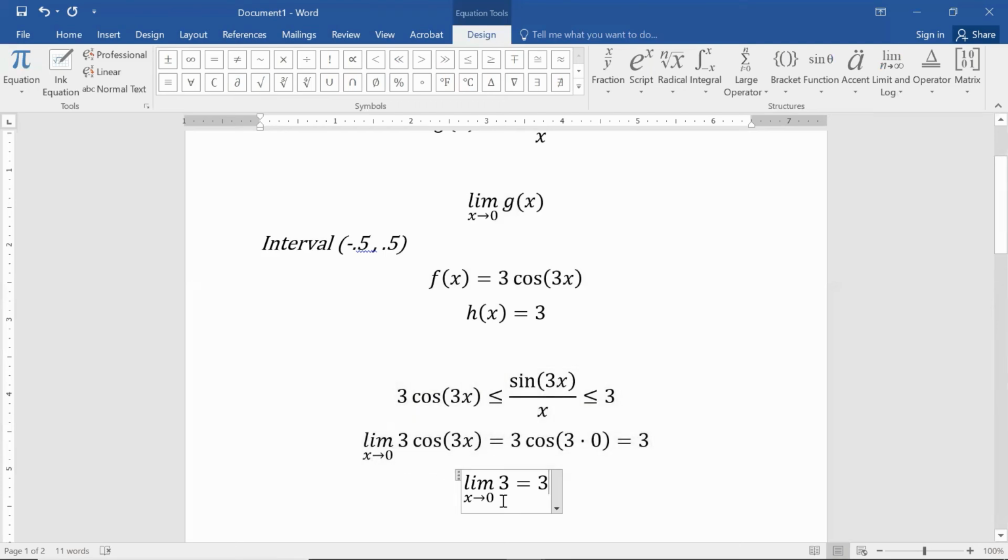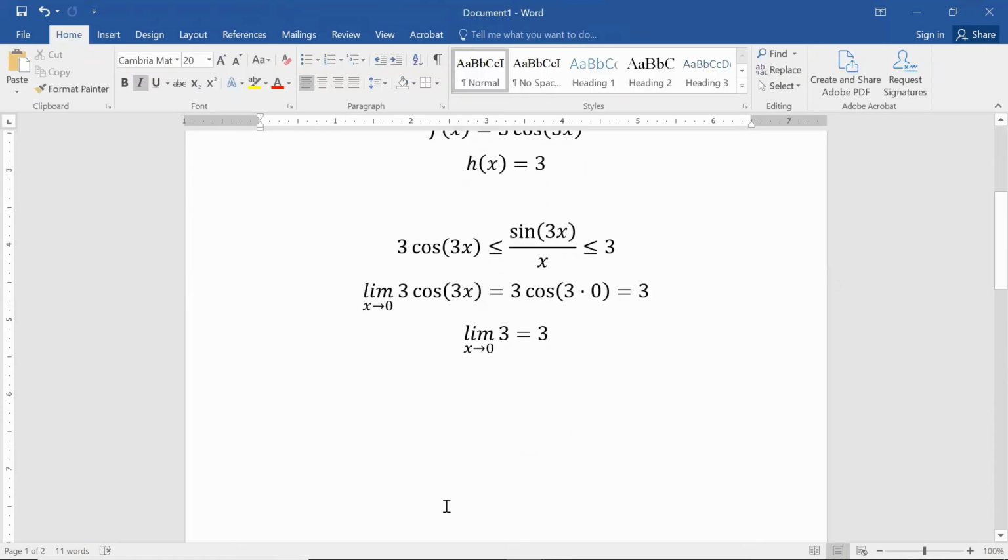So that, therefore, I know algebraically that the limit of g of x also has to be 3 as x goes to 0. So as x goes to 0, since the above function and the below function both have limit 3, then g of x also has to have limit 3.